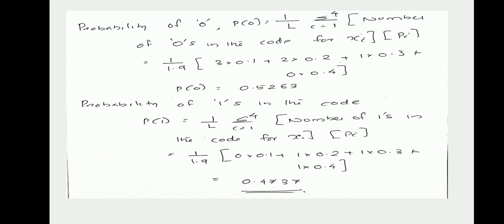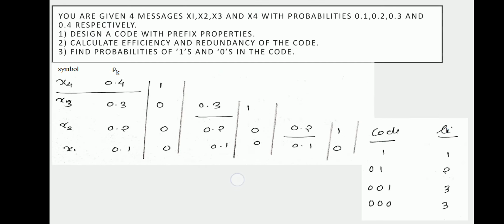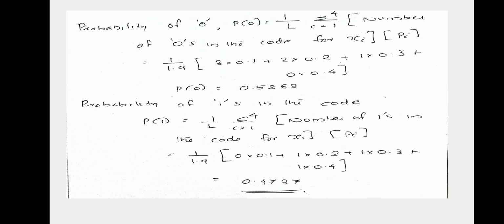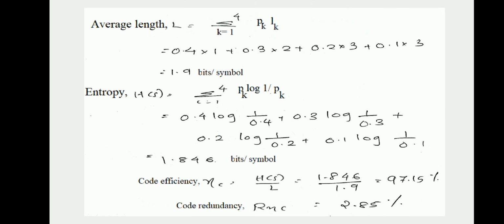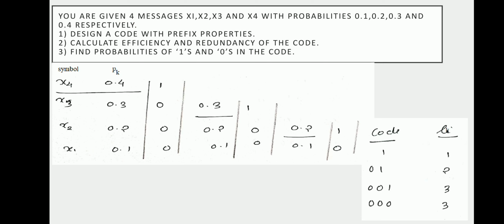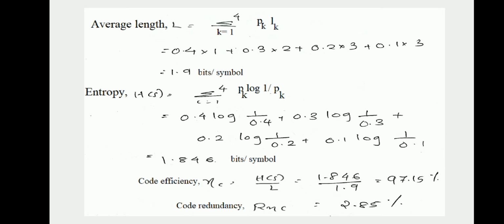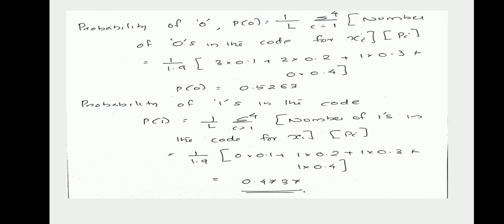So we can write it as 1 by 1.9 into 3 into 0.1, plus for x2 the number of zeros is 2 and its probability is 0.2, so 2 into 0.2, plus 1 into 0.3. Then for x4 there is no 0, so that is 0 into 0.4. So we find P of 0 equal to 0.5263.